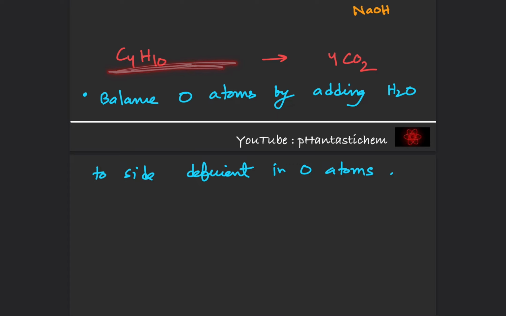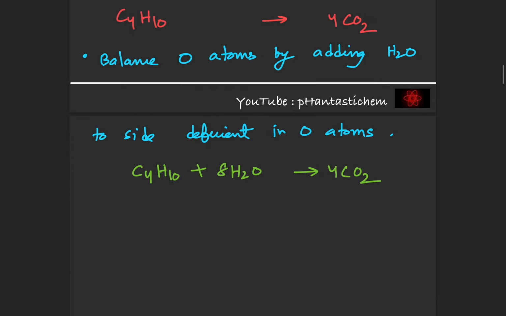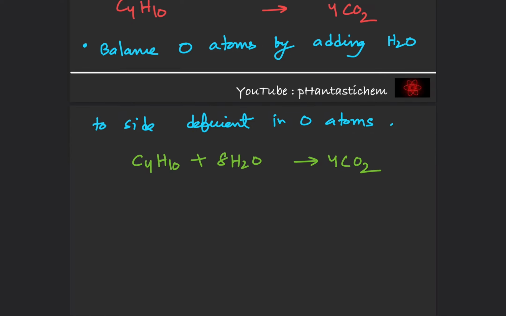And what is the deficiency? Here we have 8 oxygen, so I will add 8 molecules of water in the LHS. So we will have C4H10 plus 8H2O giving me 4CO2. Okay, so oxygen is balanced.